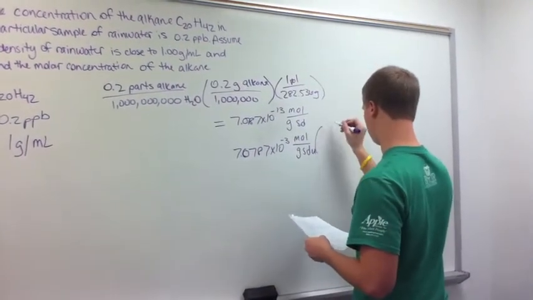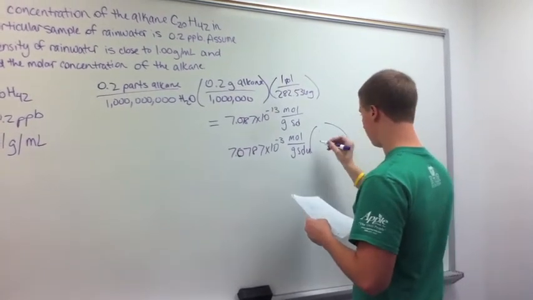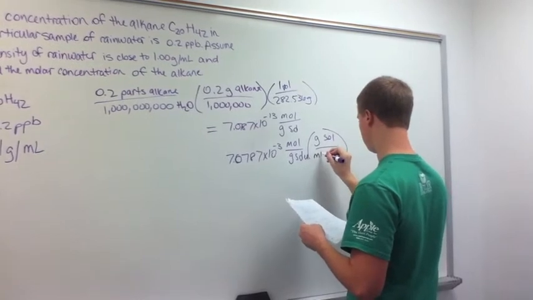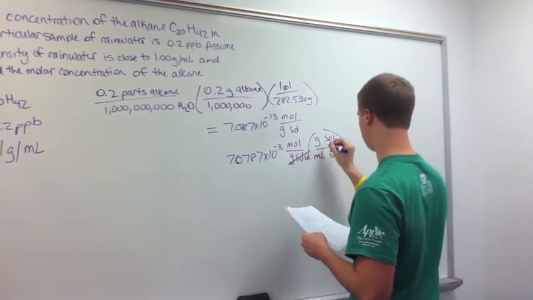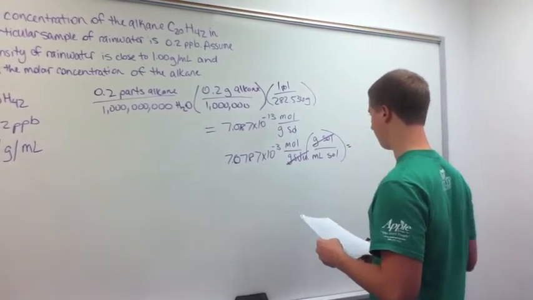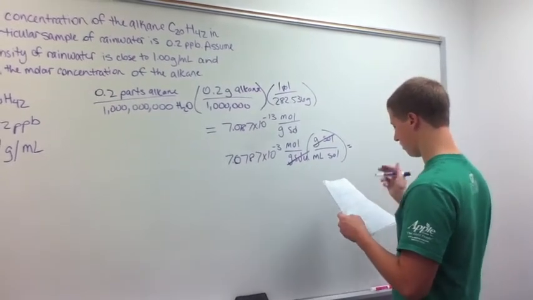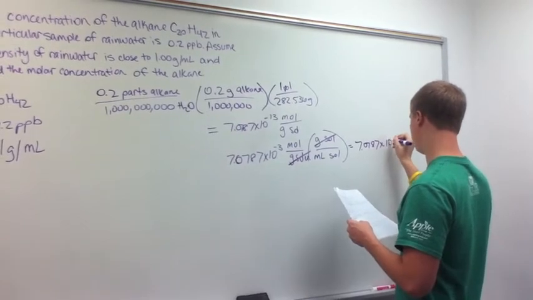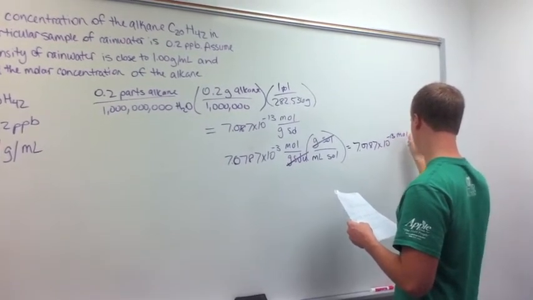So you do grams of solution over milliliters of solution, which allows those to cancel. So then it just comes out to 7.0787 times 10 to the negative 13th moles per milliliter.